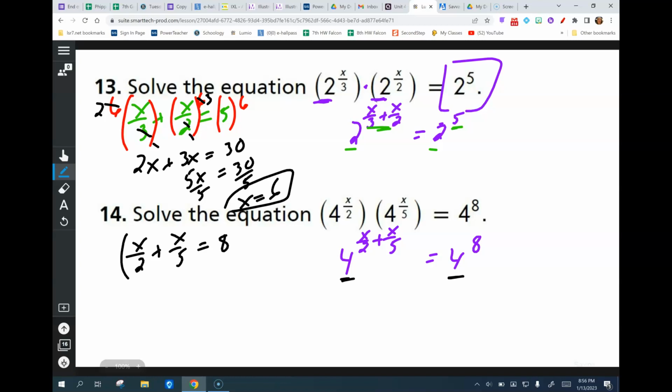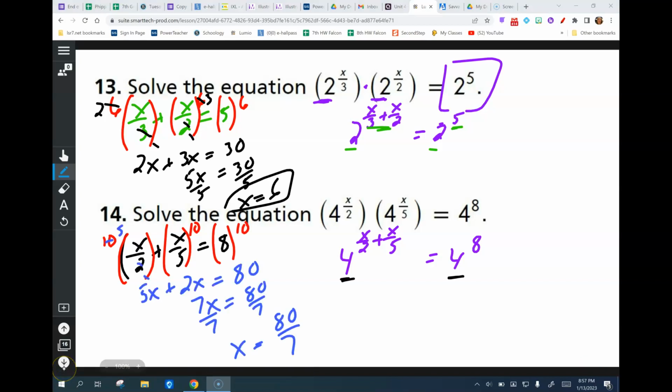So how about if we multiply every single term by 10? So we're going to multiply by 10, and I want you to do the rest of this equation on your own because that is wonderful practice. Go. So when you solved, you got 5x plus 2x equals 80. So 7x equals 80. Divide by 7, and I get 80/7. That's a fine and dandy answer. Good.